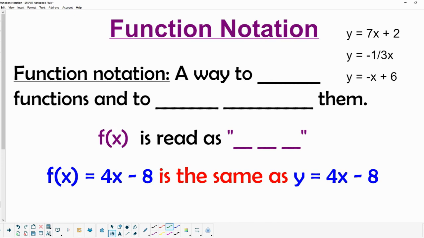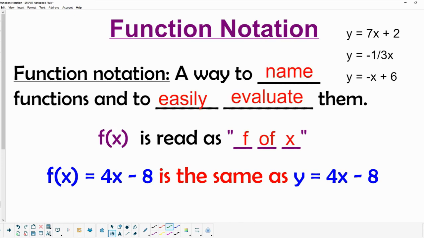So function notation basically names the functions, and it's an easy way to name functions and to easily evaluate them. f(x) is read as "f of x": f with the parentheses and an x inside is read f of x, and then equals 4x minus 8.